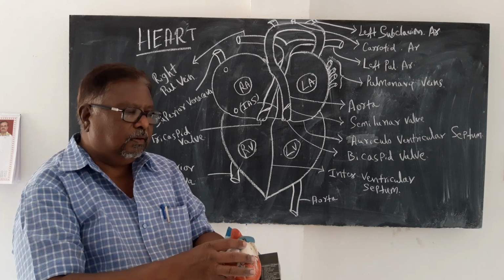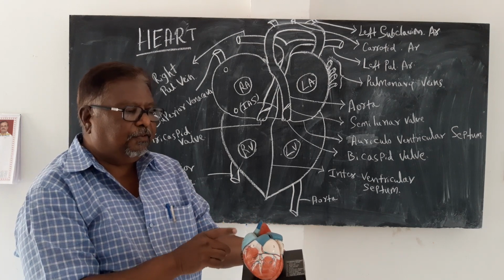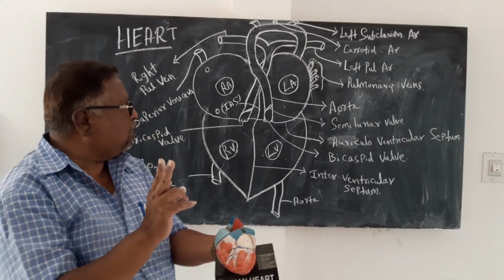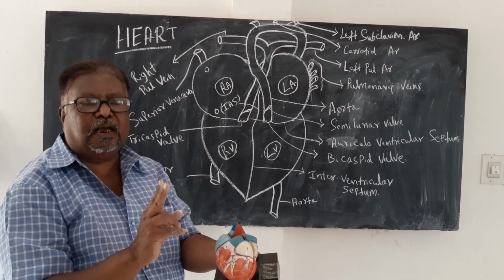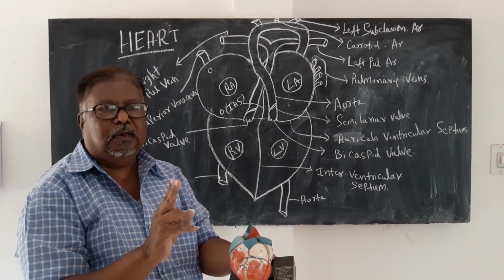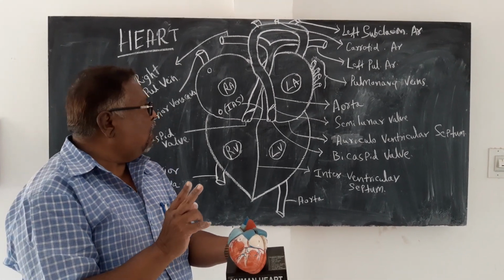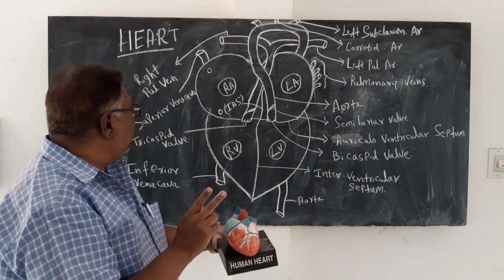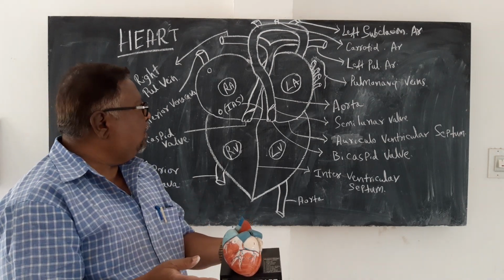Now there are different blood vessels coming out from the heart. The main 2 blood vessels are called the major trunks. These major trunks are the aorta and the pulmonary trunk.